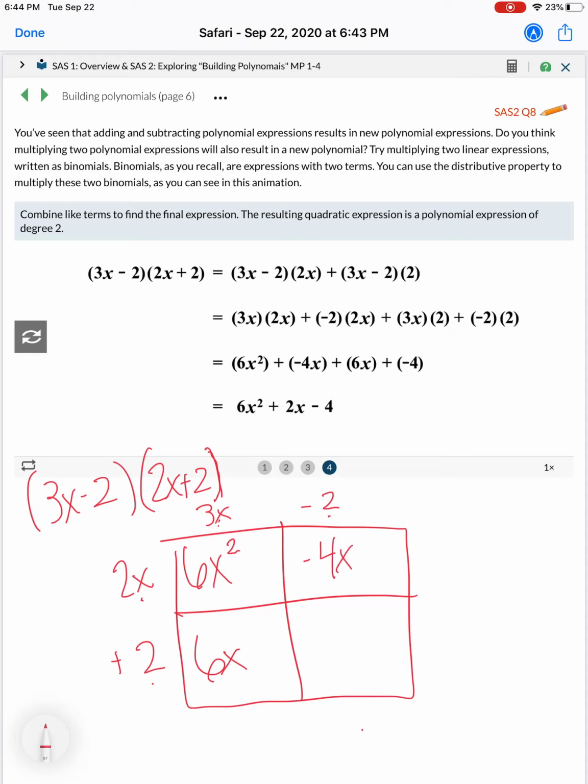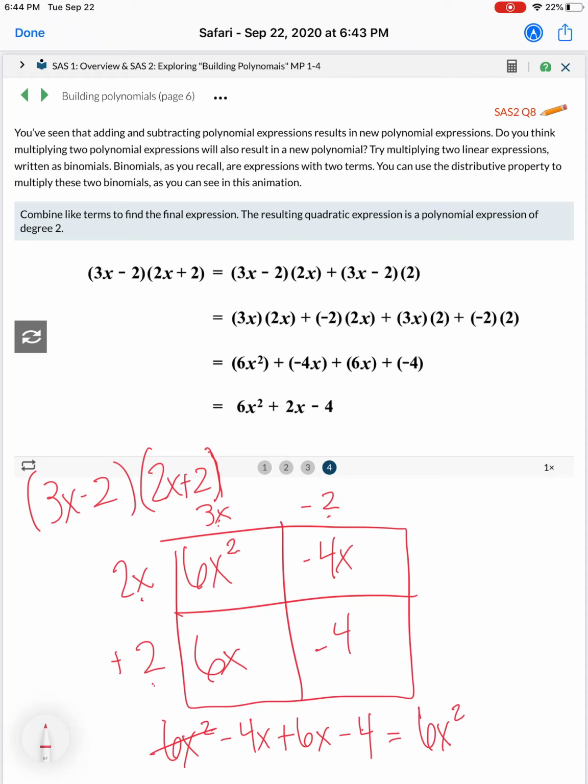A negative 2 times a 2x is a negative 4x. And a negative 2 times a positive 2 is a negative 4. So we have 6x squared minus 4x plus 6x minus 4. Now, since I don't have any other x squared terms, I'm going to go ahead and say 6x squared.